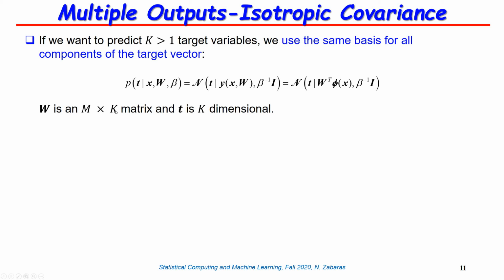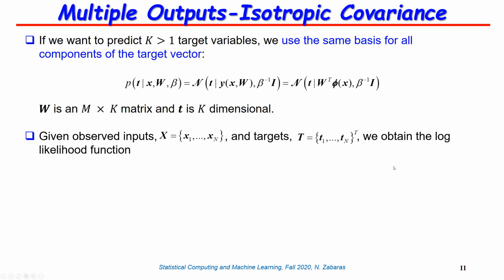It's a matrix M by K. So you can see here W transpose times phi will be K by M times M by 1. So it will be a vector of size K. So the idea is that my output is a vector of size K. All right. So how do you go about training and computing the matrix W and beta?